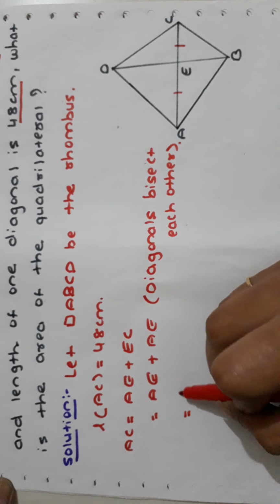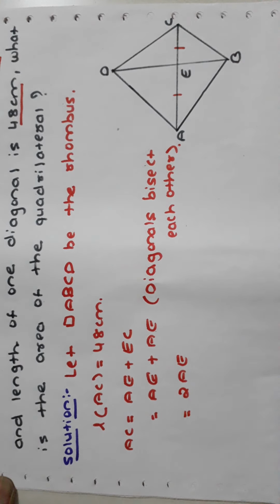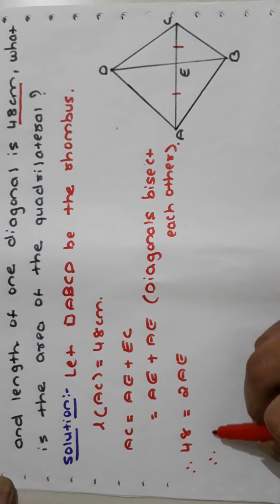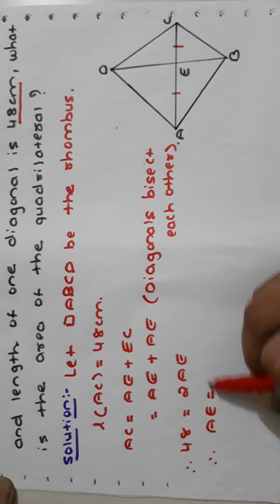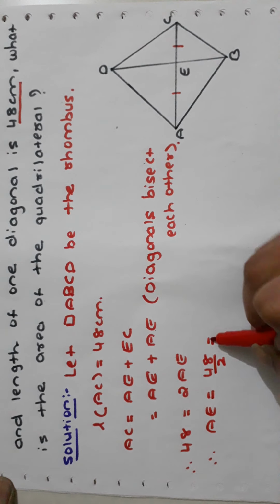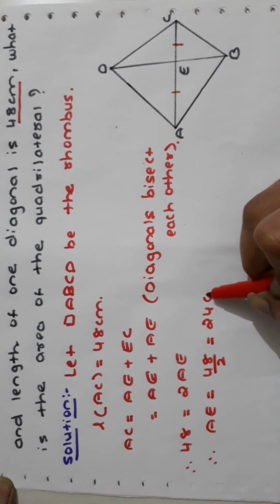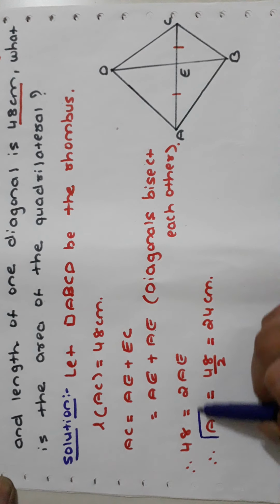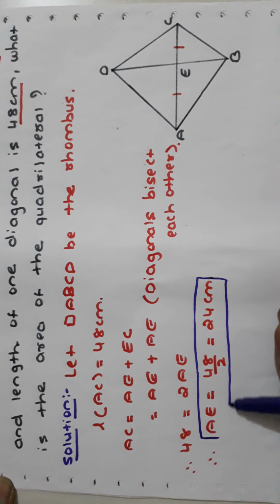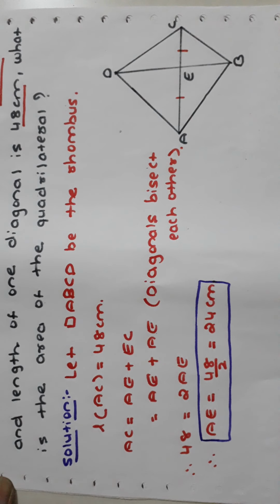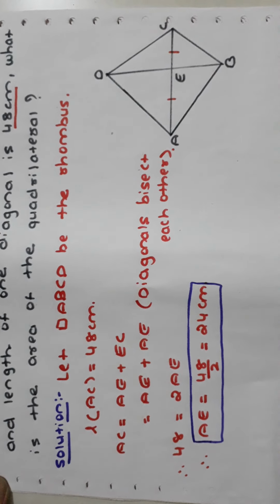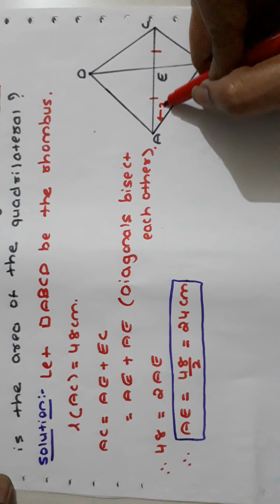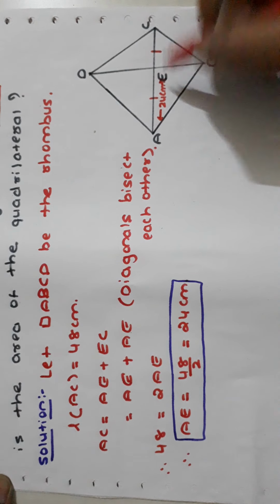So this is same as 2 times AE. But AC we know is equal to 48. So therefore AE is equal to 48 divided by 2, that is 24 centimeter.